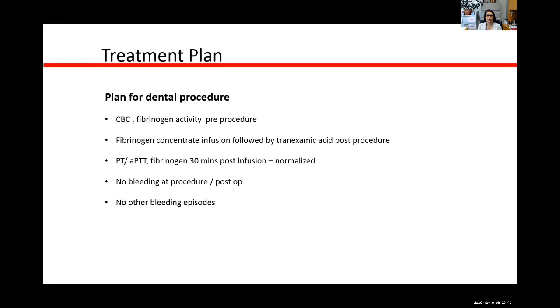So the plan that was made for this upcoming dental procedure was to obtain his fibrinogen activity pre-procedure along with a blood count to see where his baseline is, and then he got an infusion of a fibrinogen concentrate followed by tranexamic acid, the clot strengthener, and we repeated his PT, PTT, and fibrinogen after his infusion, and both these numbers had completely normalized. He did not have any bleeding at the procedure or post-op.